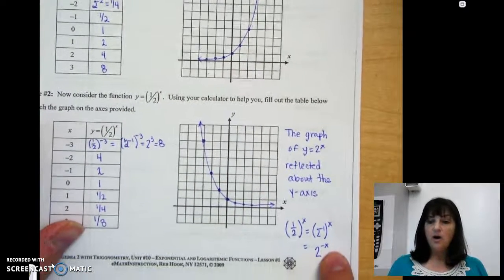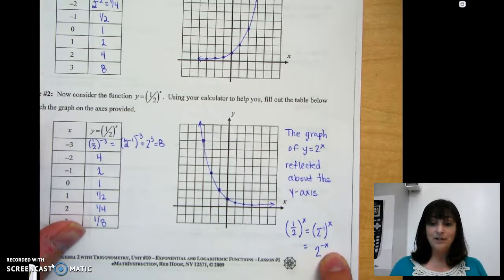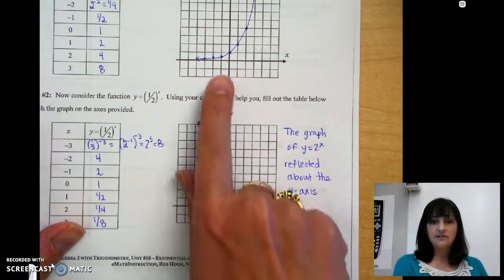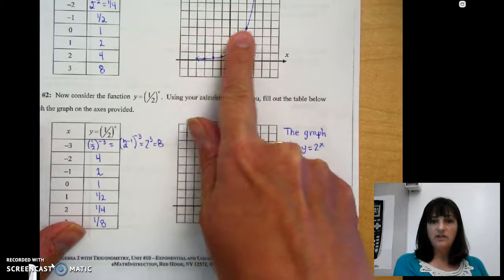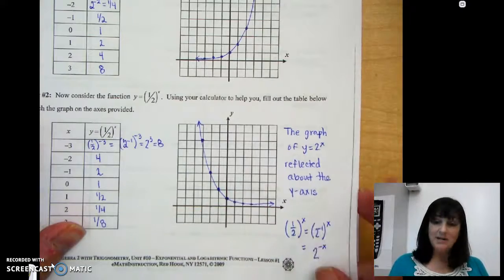And now if you recall, when we had a negative on the inside of a function when we were doing transformations earlier, that represented a reflection across the vertical axis. So we take this function, reflect it across the vertical axis, and we will have this function as the result. Let's go on to the next page.